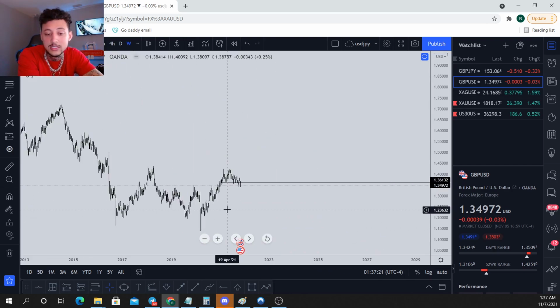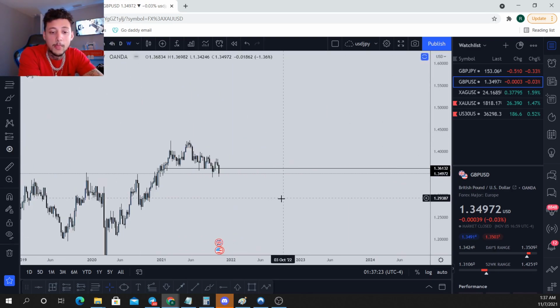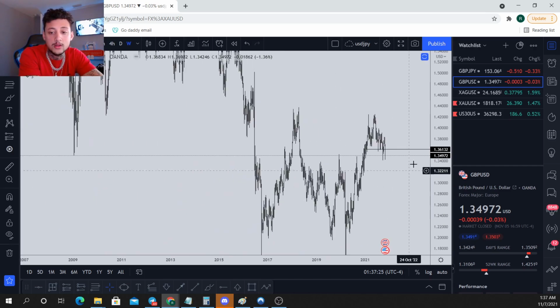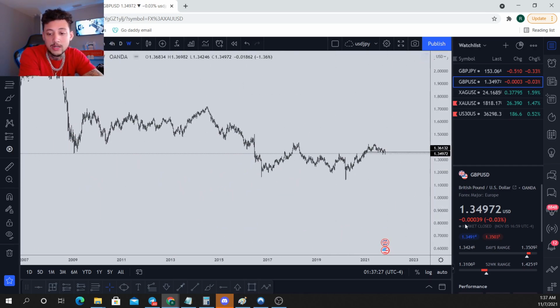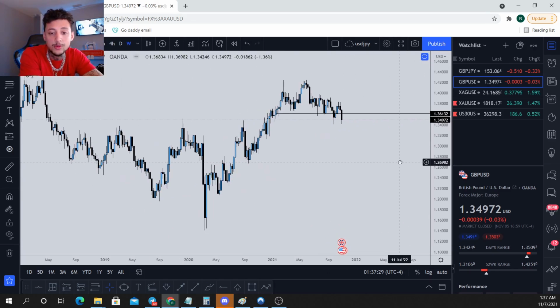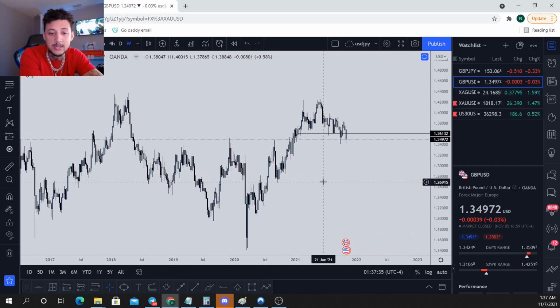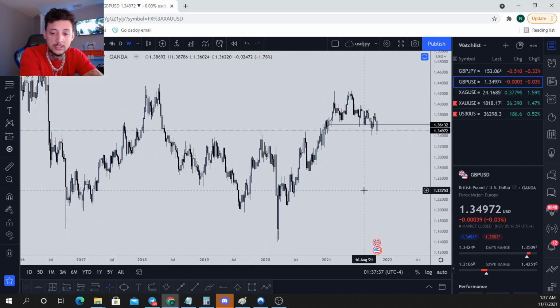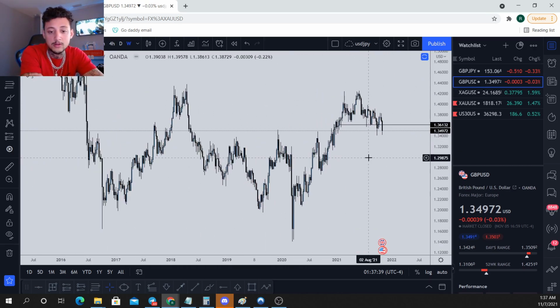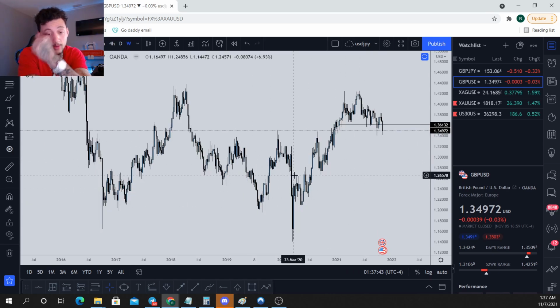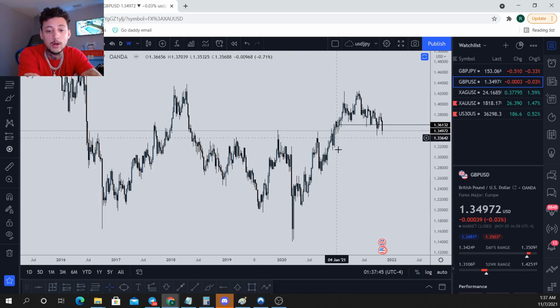Since 2009, 2007, practically. But I don't want you guys to focus on the bigger picture like this when we're identifying the trend. When it comes down to the weekly time frame, you simply just want to look at an area like this, really relative price. Now I want to argue that this is all relative price in terms of supply and demand and everything else. Typically, when it comes down to specific currency pairs, they're going to be bouncing around a certain price range.